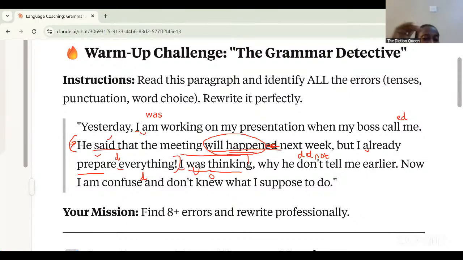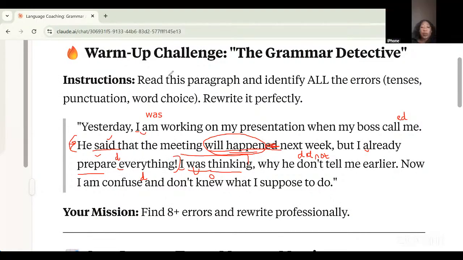It wasn't just something that happened and stopped. It took a few seconds. I was thinking. But if we use the expression I thought, that is simple past tense. As at that time, the thought came and that was it. I did not continue thinking.